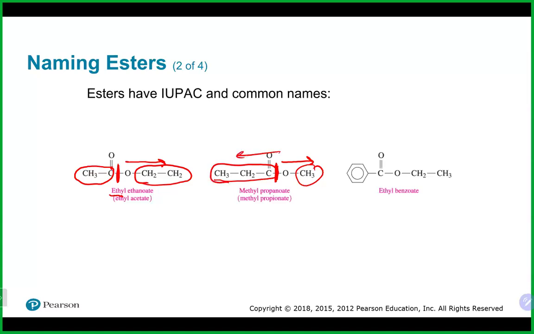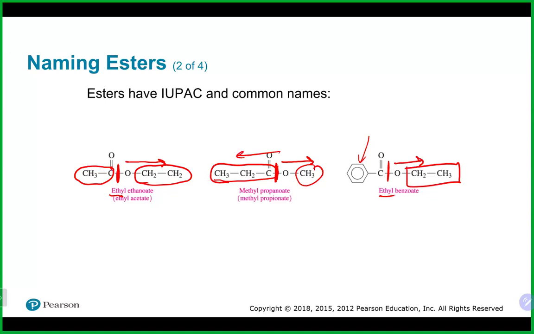And here we have, again, alcohol part, which is 2, so there's our ethyl. And that is based off of benzene, right? Going in the opposite way, and we put the -oate at the end of it. It's also based off of benzoic acid, really. You drop the -ic acid and put -ate, and that's how we get to ethyl benzoate.